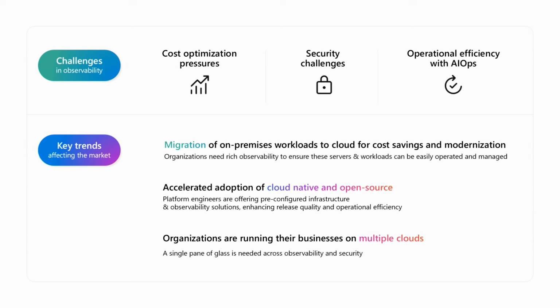There is a new platform engineering role evolving in DevOps, with engineers providing pre-configured infrastructure and observability solutions for efficient functioning. And many of our customers are also running their businesses in a multi-cloud environment, in multiple cloud providers, on-premises, hybrid, etc. And all of you need that single pane of glass, that ability to correlate your data sources together.